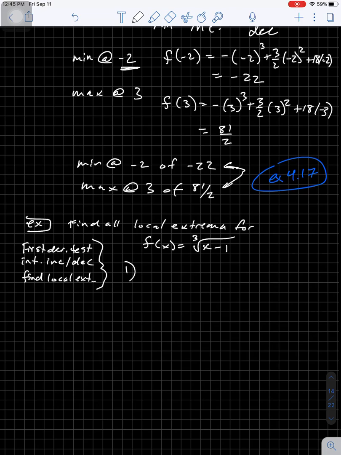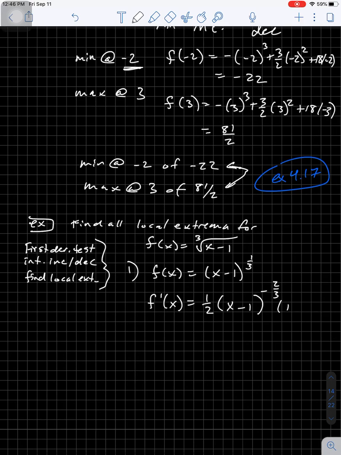So the first thing that I want to do is find f prime of x. I'm going to take the derivative. This is a chain rule, so maybe we want to rewrite it before we do the derivative, with a fraction exponent so we can see that a little bit better. Now we're going to take the derivative, chain rule: derivative of the outside function evaluated at the inside function times the derivative of the inside function.